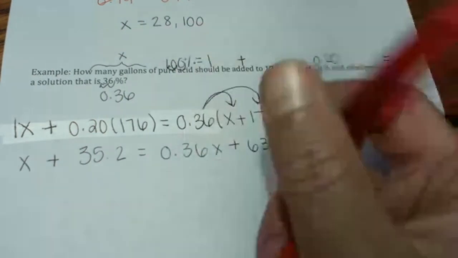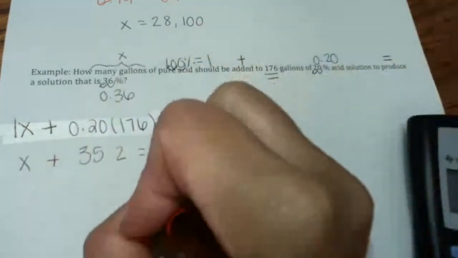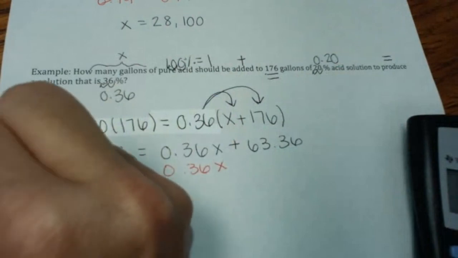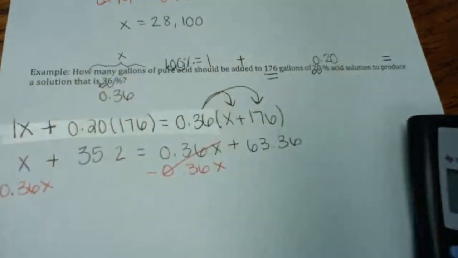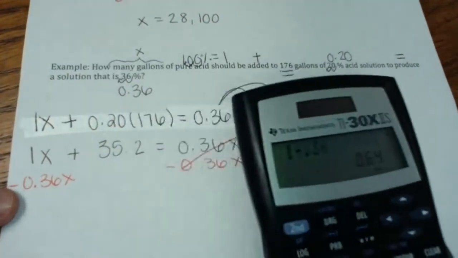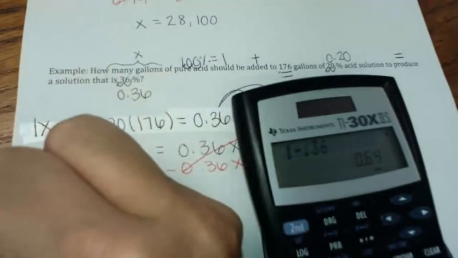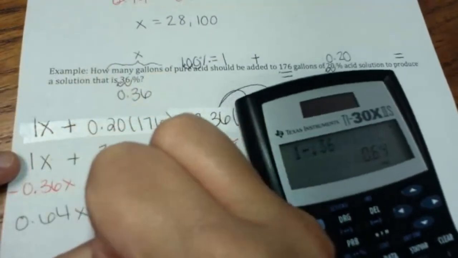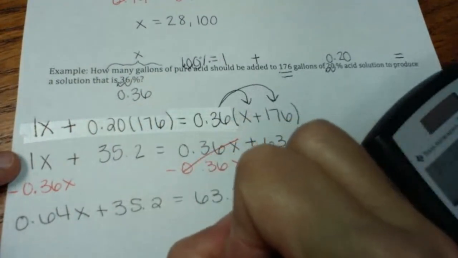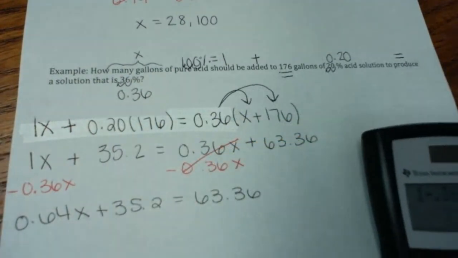So let's move this 0.36x over here with that 1x, so subtracting 0.36x from both sides. That way those cancel. Remember, this is 1x. So if it helps you to put that 1 out front, go for it. So 1x minus 0.36x will give us 0.64x plus 35.2 equals 63.36.